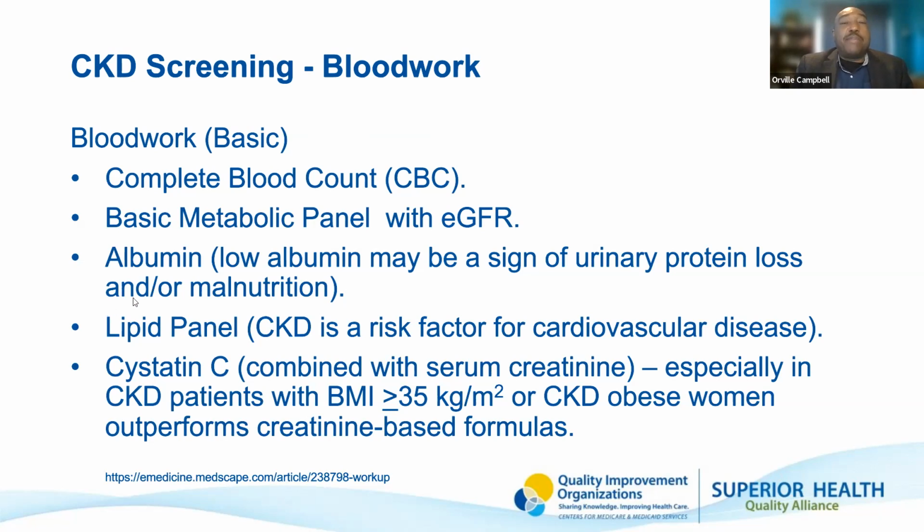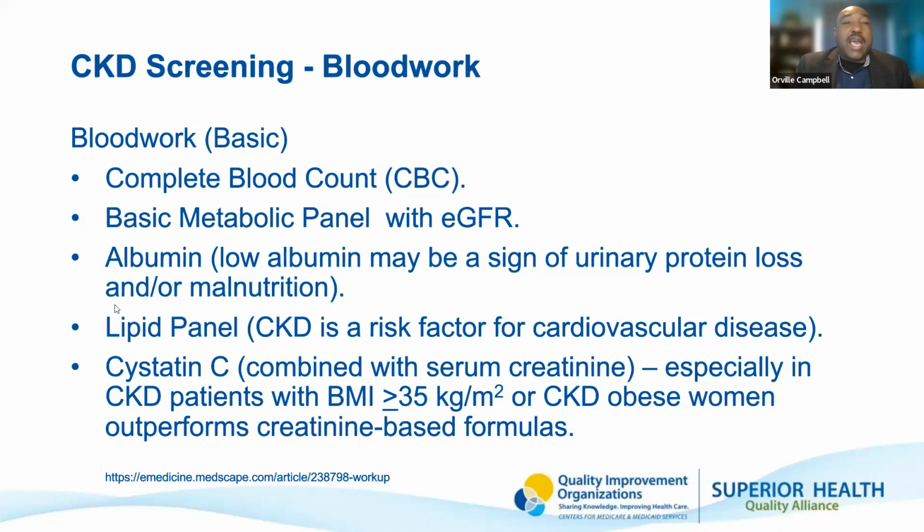The basic metabolic panel, or BMP, with accompanying eGFR. As you remember, the basic metabolic panel has sodium, potassium, BUN, creatinine, chloride, CO2 or bicarbonate, glucose, and an estimated GFR.